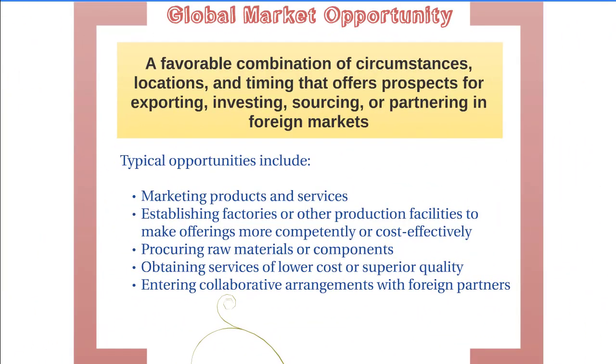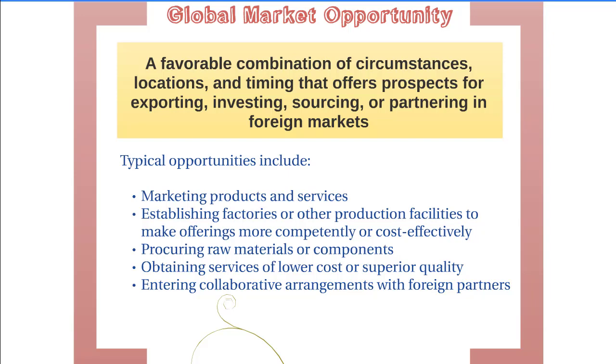Basically, a global market opportunity is a favorable combination of circumstances, locations, and timing that offer prospects for international business activities, such as exporting, investing, sourcing, or partnering in foreign markets. Any sort of IB activities can be expected.